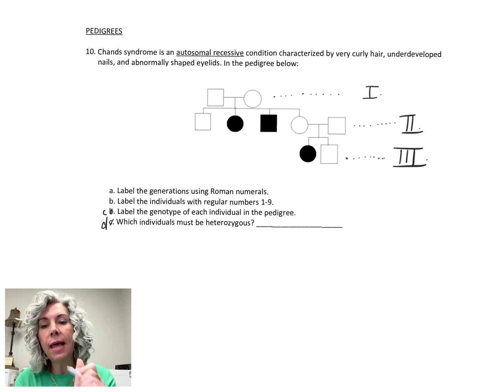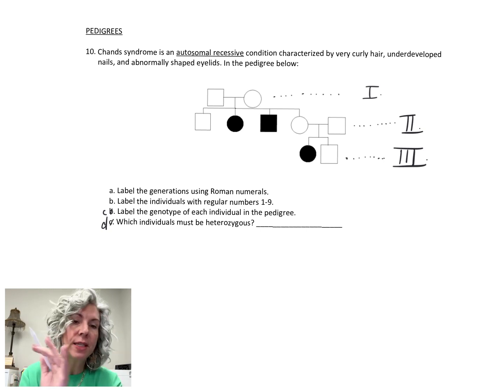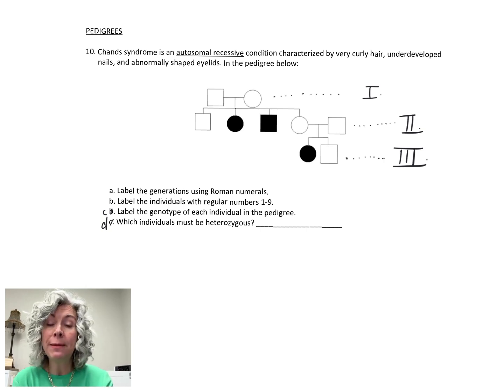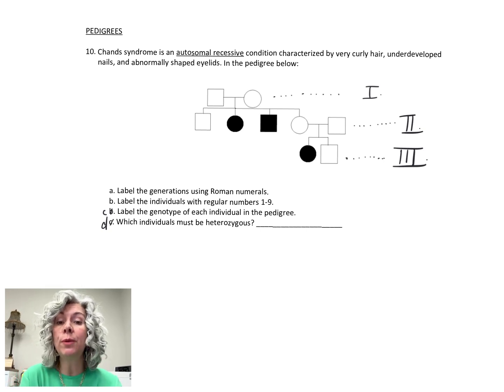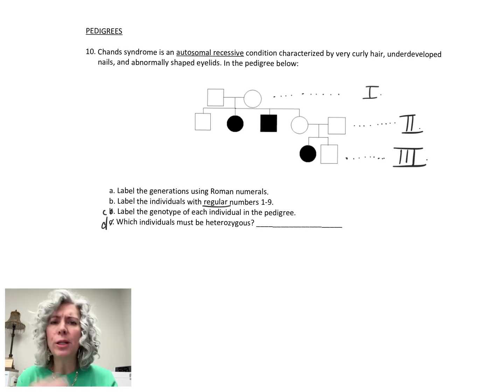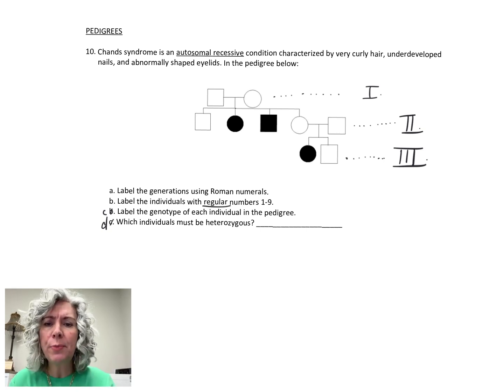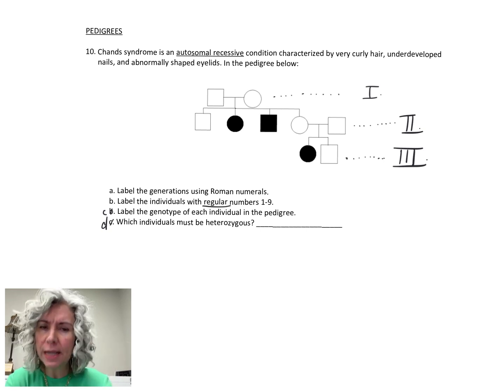So letter A, label the generations using Roman numerals. It's exactly what we did: 1, 2, and 3. Letter B, label the individuals with regular numbers. Regular numbers means Arabic numbers, 1, 2, 3, 4, 5, 6. We're just going to label the individuals from left to right.